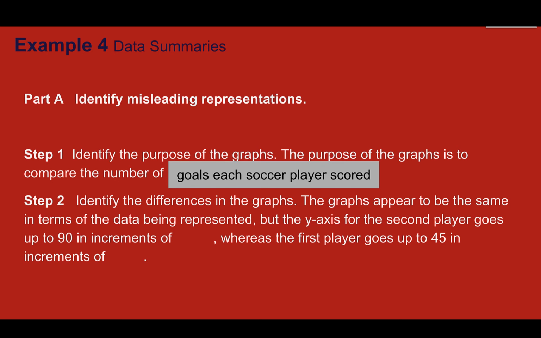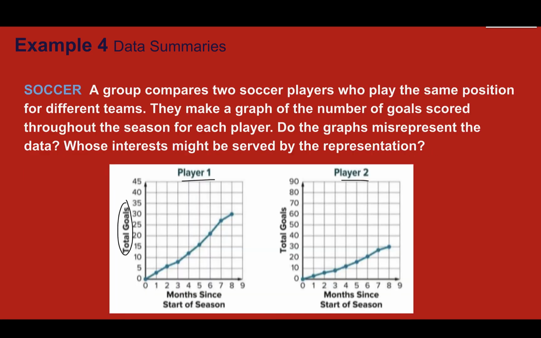Next, we're going to identify any differences in the graphs. So if we look at it, what are some differences? They both say total goals. One's player 1, one's player 2. They both say the months. If we look at our axis on the bottom, they're the same number of months.